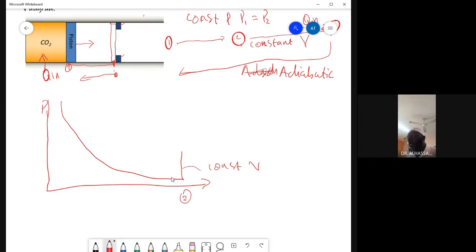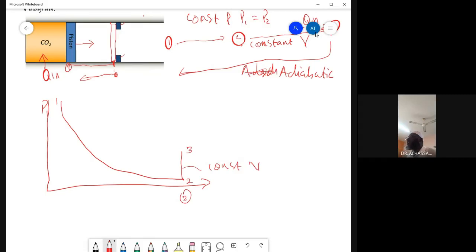And then, so this is state 1, state 2, state 3. Okay. So now, finally, we have the fluid. Let's see over here. So from 1 to 2, this is polytropic. And then 2 to 3, constant volume.